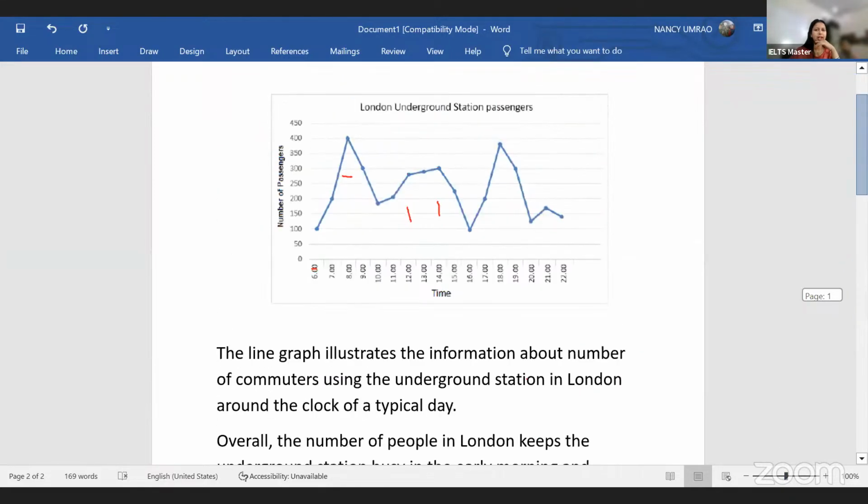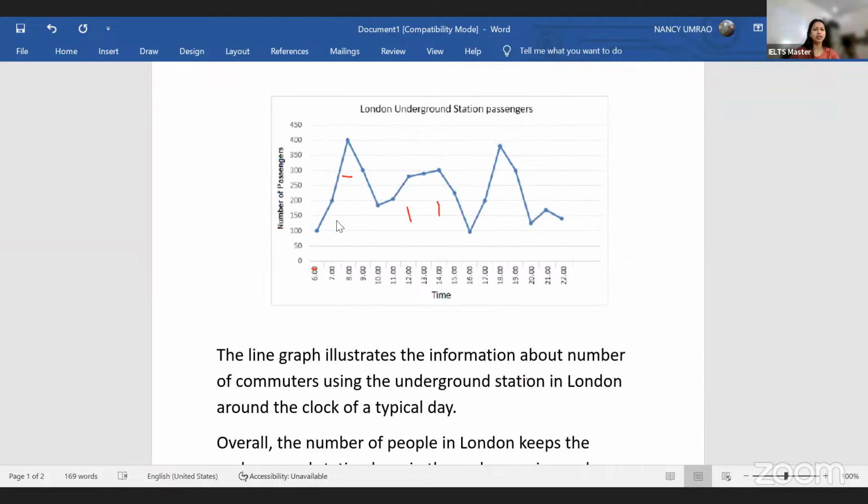So what I did, I just have written, I started from here at 6 o'clock. Then this graph increased sharply to 400 people using the station. Then this decreased. Then it increased again with slight fluctuation.